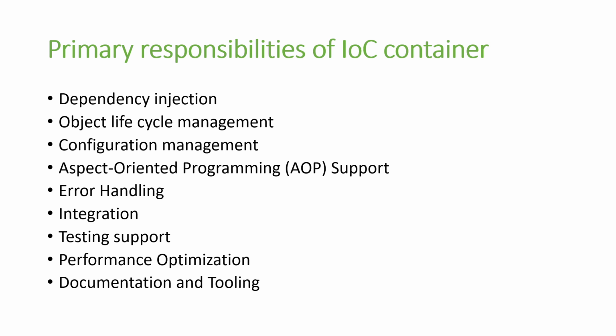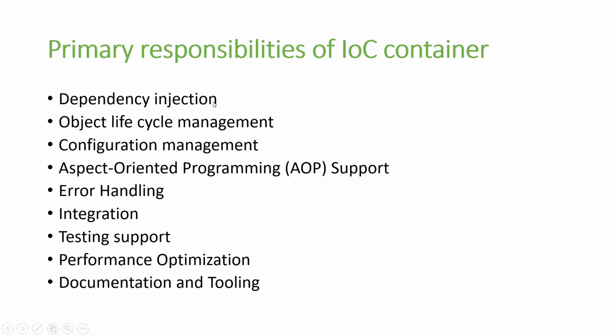IoC has to provide the documentation, and Spring is providing the documentation. And tooling: tools are nothing but the way we define the configurations, like annotations or the XML way of doing it. In documentation it will mention this is how you have to use them. The tools also it has to provide. In Spring it provides different annotations. XML tags also it will provide; those are called tools here.